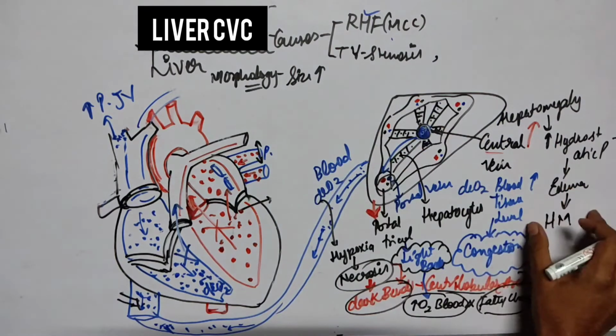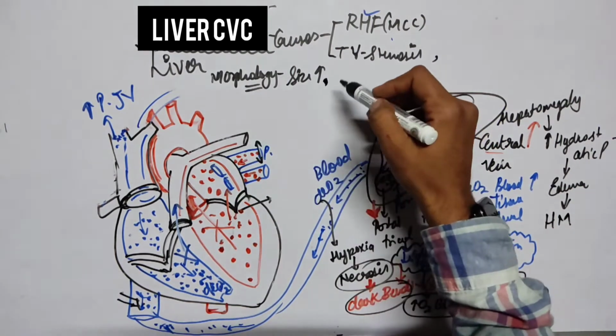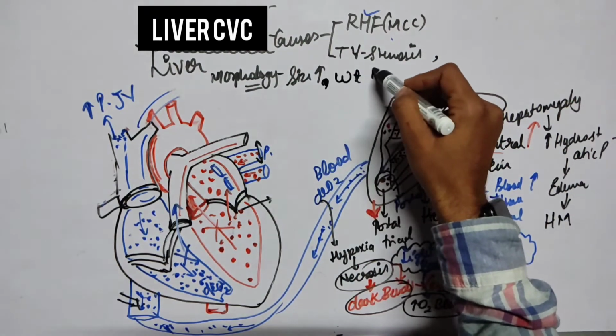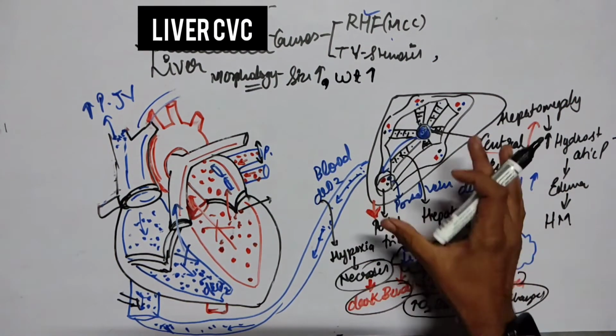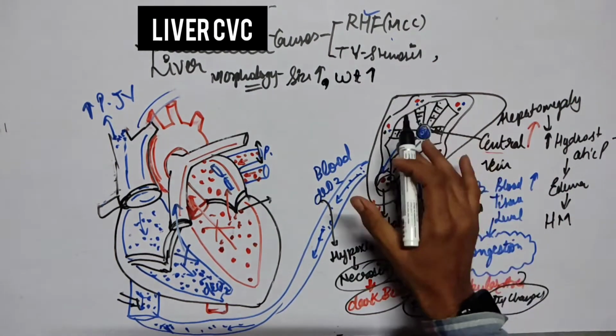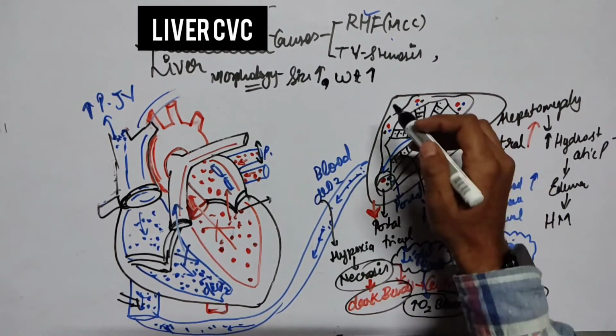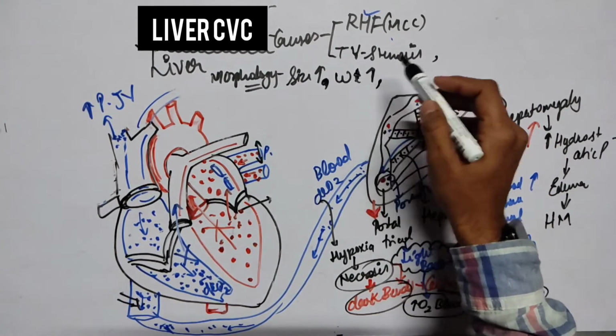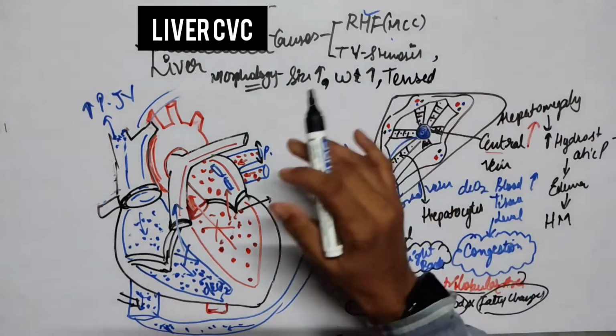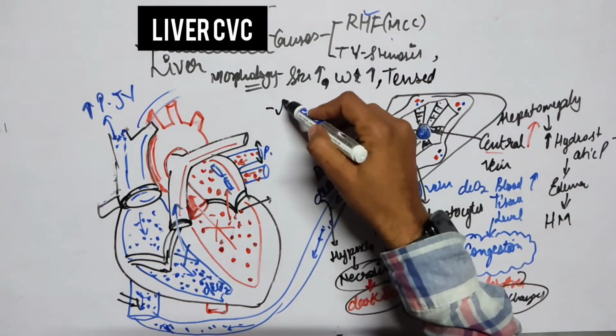Because of this the size of the liver will increase, and the weight will also increase because of the more blood inside the liver. Because of the more accumulation of blood inside the liver, its weight will increase, and it will feel tense.